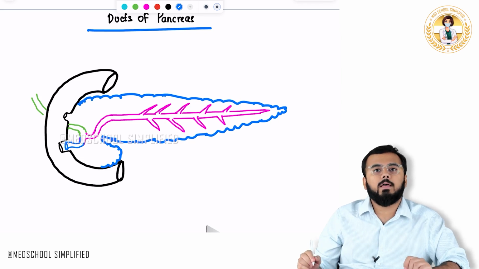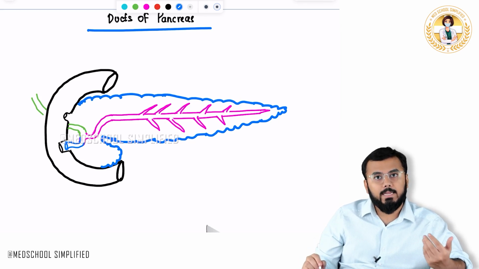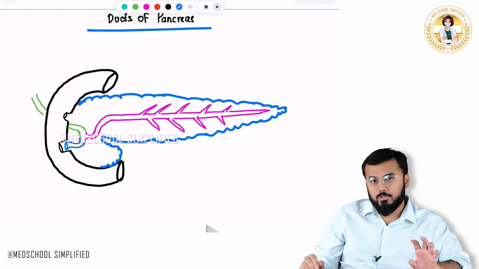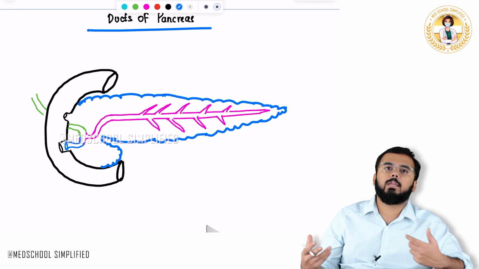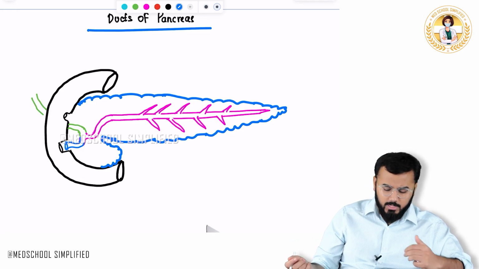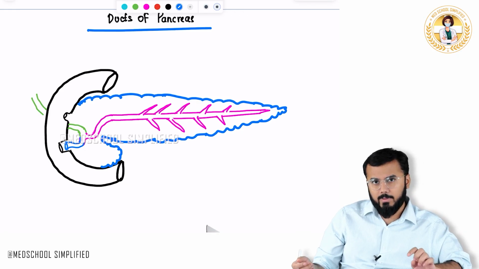This is called the hepatopancreatic duct. Why? Because there is contribution from the liver and there is contribution from the pancreas. So this duct over here is called the hepatopancreatic duct.